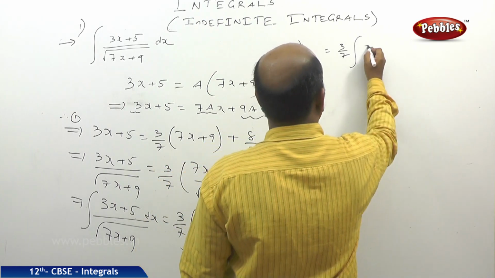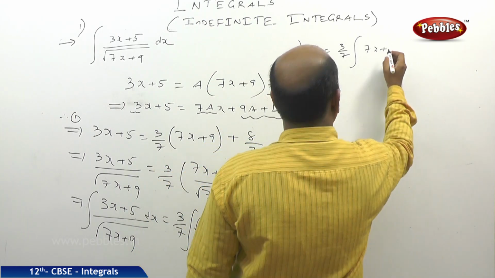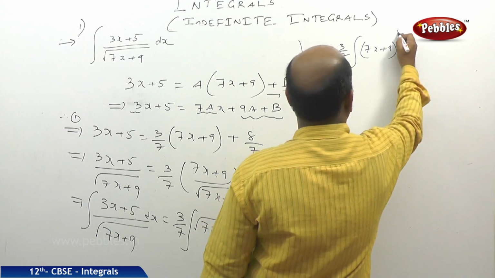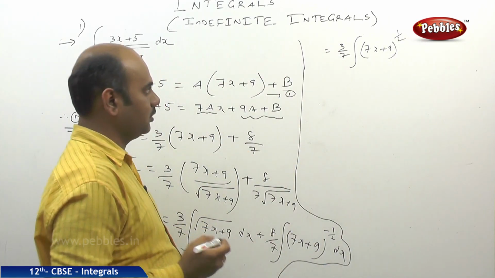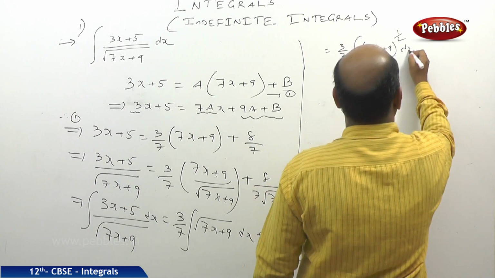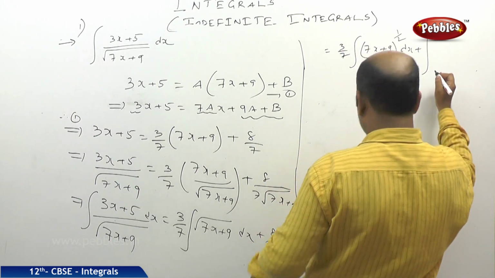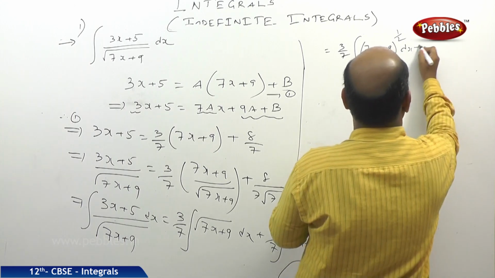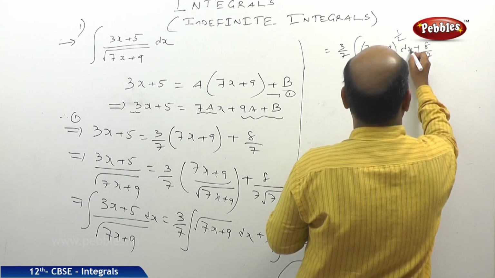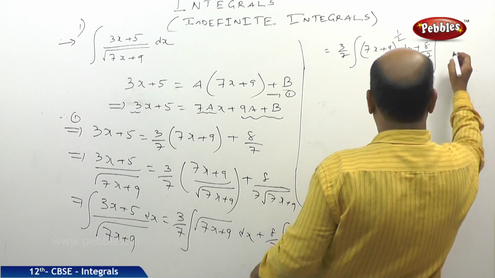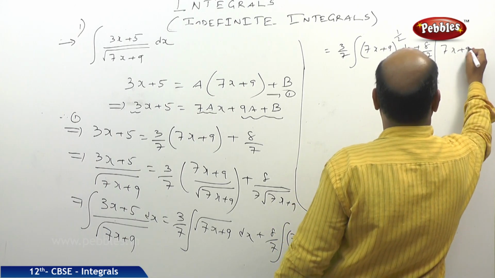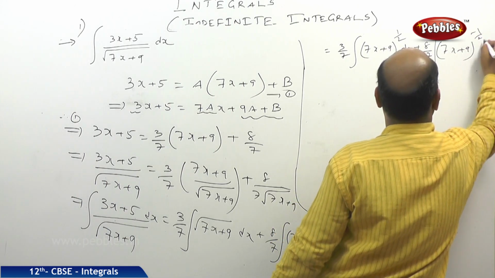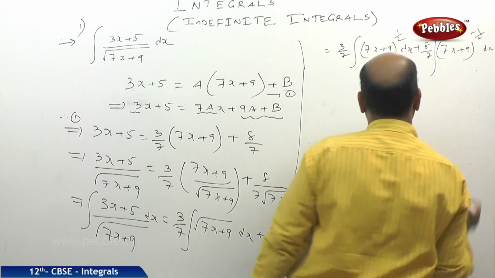For your convenience and my comfort, I am writing this as whole power 1 by 2. And again this also has an integral, and here 8 by 7 will be there, I had forgotten. 8 by 7 integral of 7x plus 9 whole power minus 1 by 2 dx.